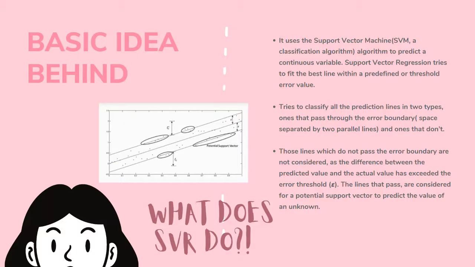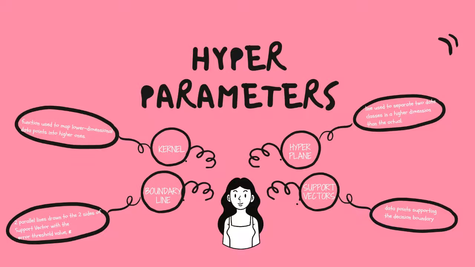We then explored what support vector machine regression does, its theory and idea. We looked into various hyperparameters, which are kernel, boundary line, hyperplane, support vectors. We discussed each of them in detail.